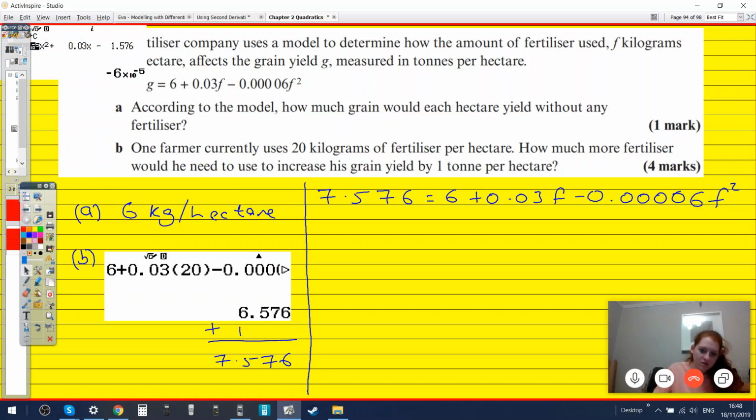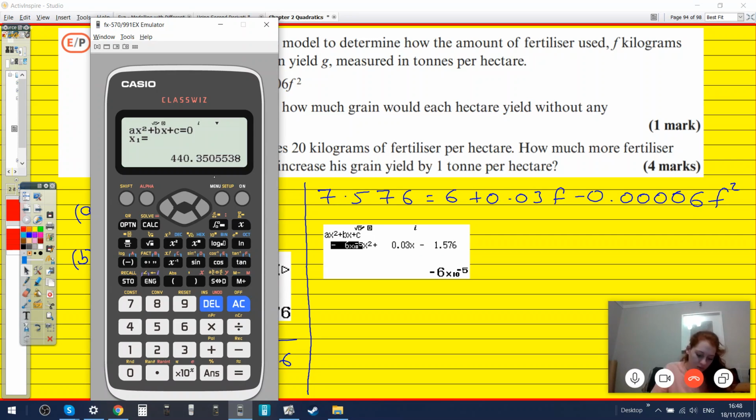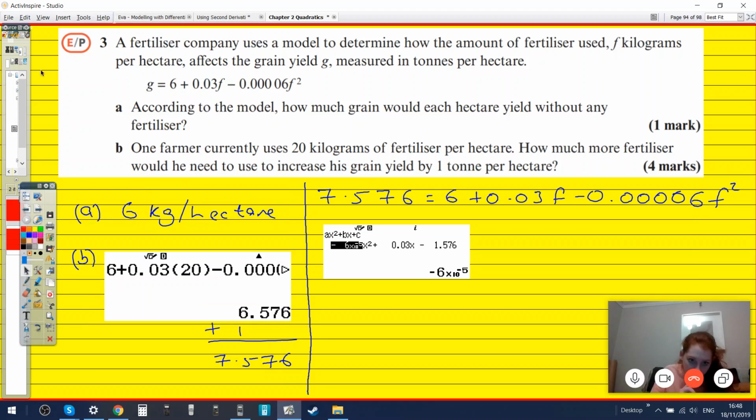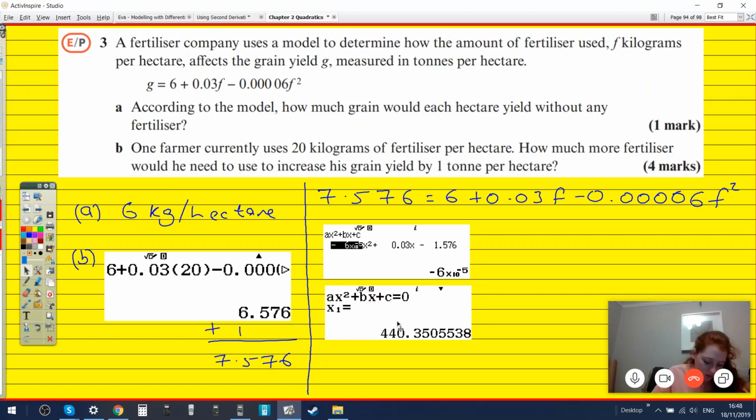I got x to equal 47.94. I'm getting a different number. Wait. I think I might have put the 6 minus 7.575 wrong.